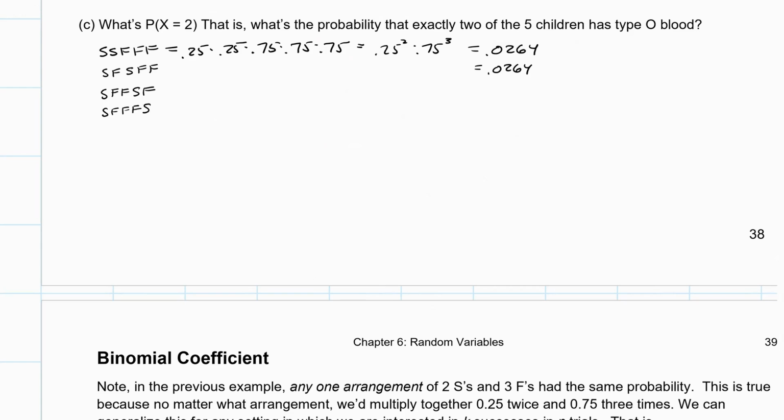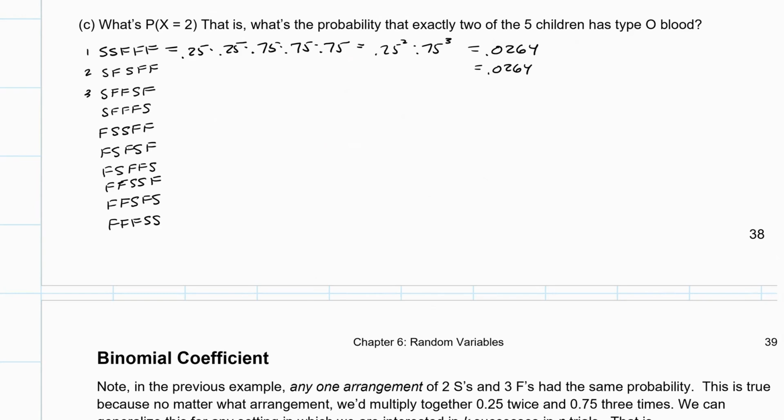That's all the ones that start with one success. And then how about the ones starting with failure, success, success, and so on, down to the last one, failure, failure, failure, success, success.